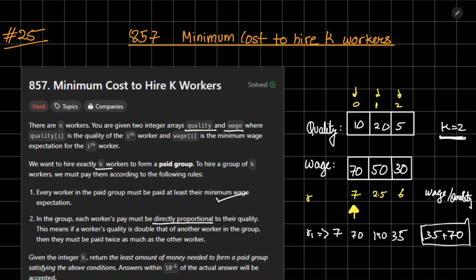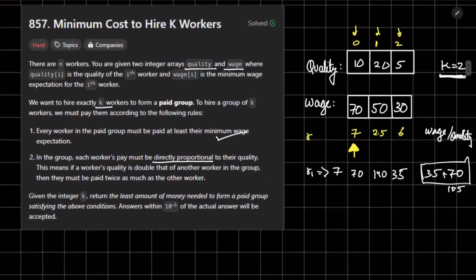So that would be 105. Now let's take the next rate. Our next rate will be R2, and let R2 be 2.5. So for worker 0, you will be paying 25. For worker 1, it will be just 50. And for the last one, it would be 12.5.